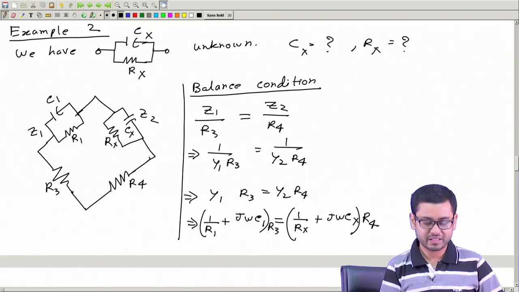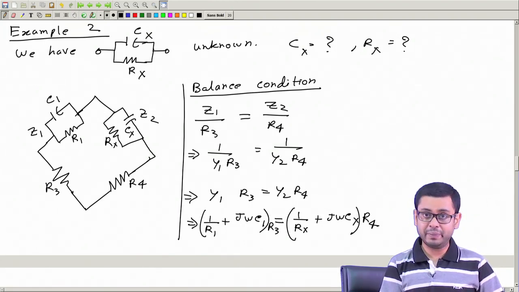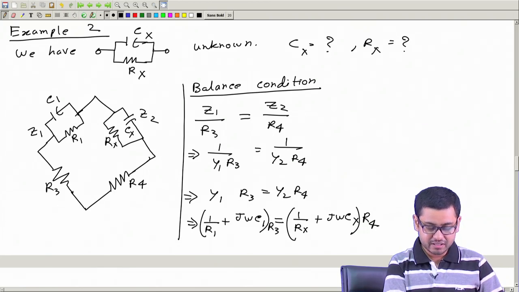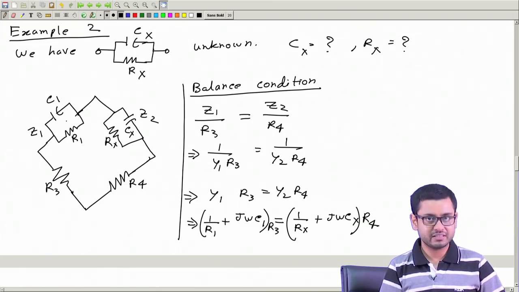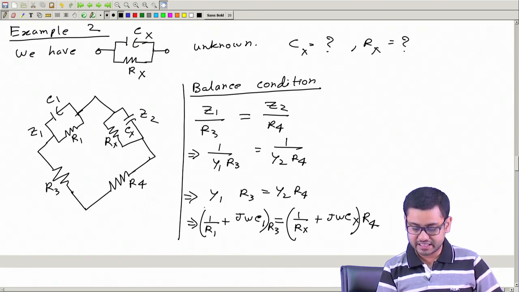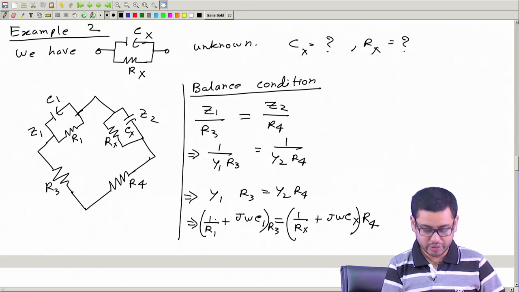in parallel. Okay. And when things are in parallel, admittance get added. When things are in series, impedance get added. So, when dealing with parallel combination, it becomes easier to write things in the form of admittance. Okay.